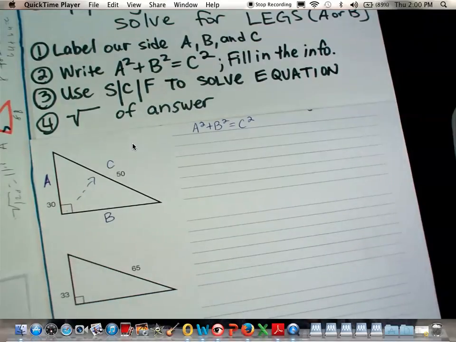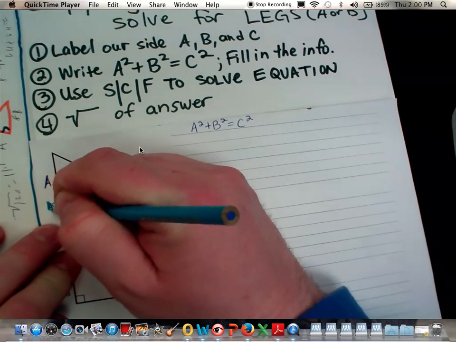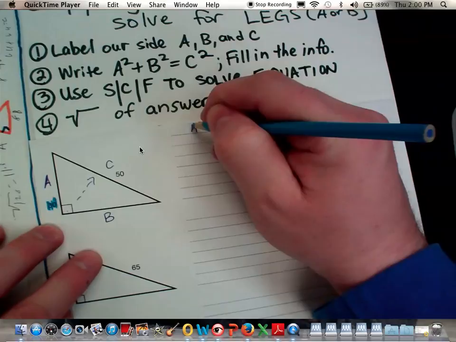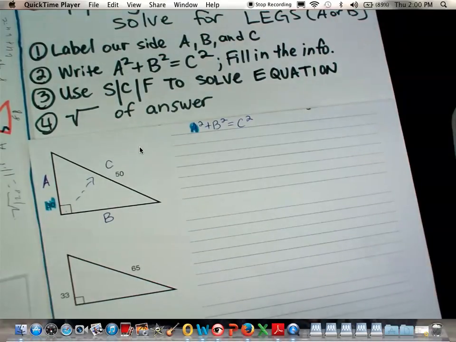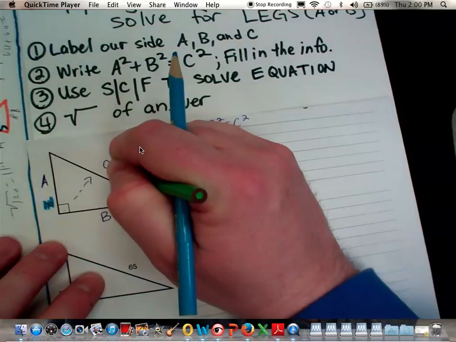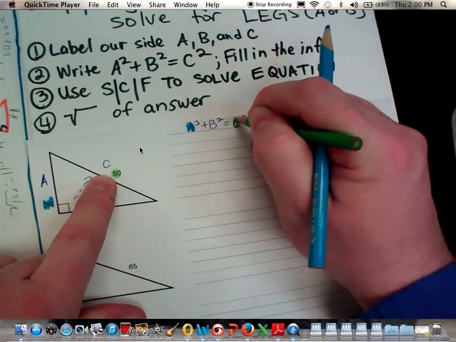Now this is where my colored pencils come in, just to help me keep things straight. I'm going to take the blue and color in that 30 blue because I know he's A and he's going to go into here. I'm going to take my other color, green, and color in the 50. I know he's a C, so he's going to go into this spot.